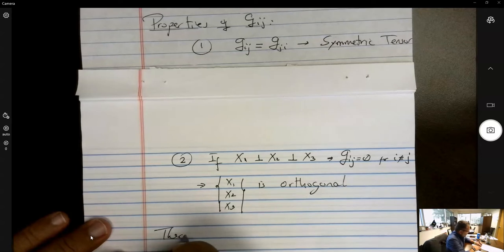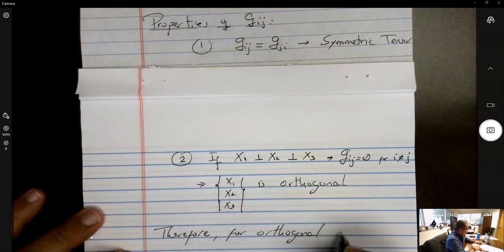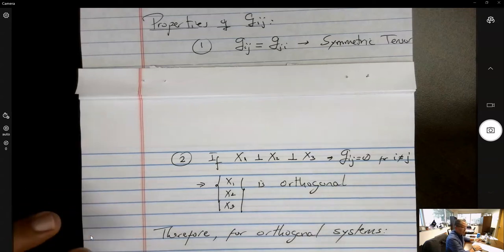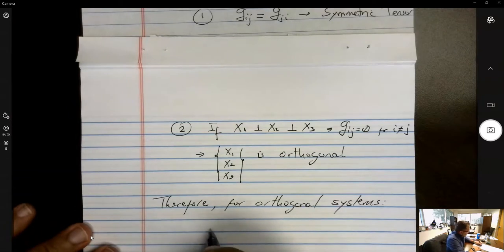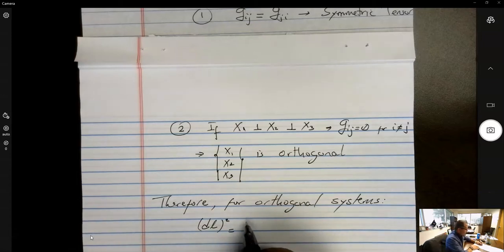So therefore, for orthogonal systems like cylindrical and spherical and others, the differential arc length square, which is Gij times dxi dxj, simply boils down to this Gii, because the diagonal elements of G are the only ones that survive.